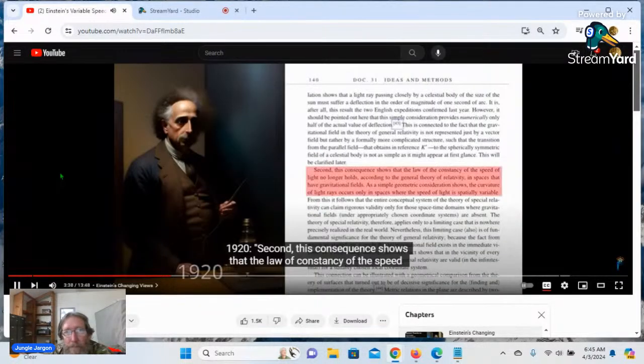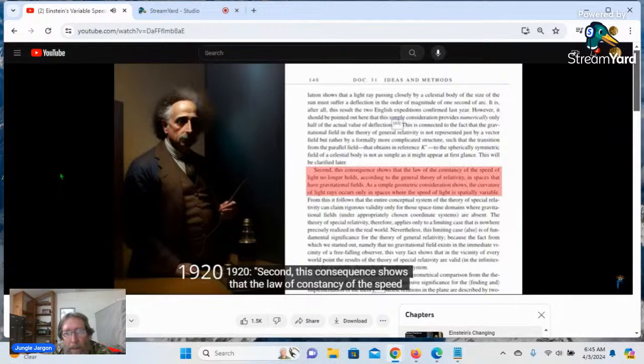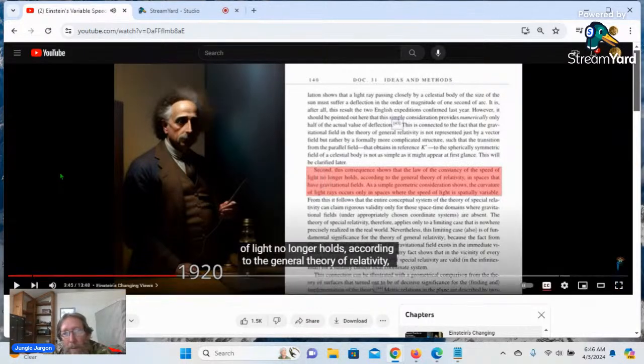And then in 1920, "second, this consequence shows that the law of constancy of the speed of light no longer holds according to the general theory of relativity." What have I been saying? If general relativity is true, then the speed of light is not constant. It's like I don't know what's wrong with these people. They just ignore what he was saying.